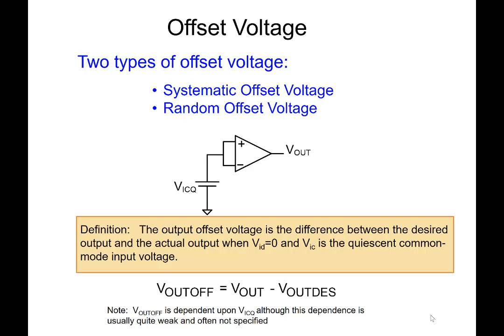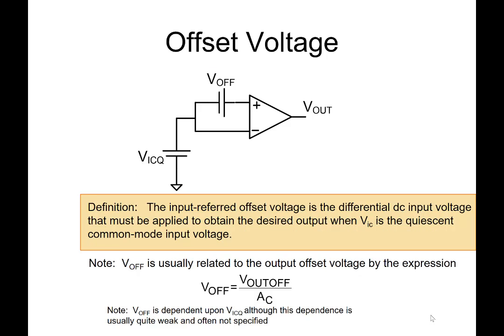A lot of people define it to be the difference between V out and 0, but I define it to be the difference between V out and what you want it to be. And we typically refer the output offset back to the input by dividing by the gain of the amplifier. So the input offset is equal to the output offset divided by the gain of the amplifier.